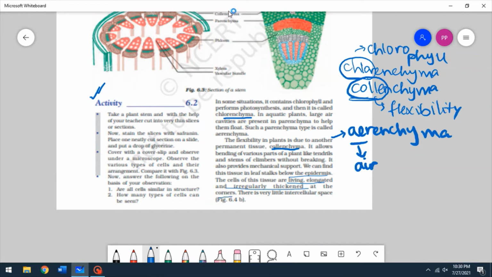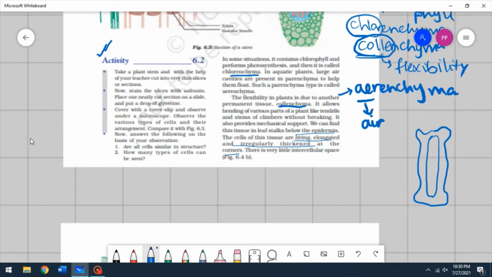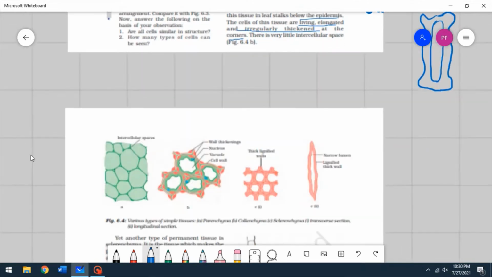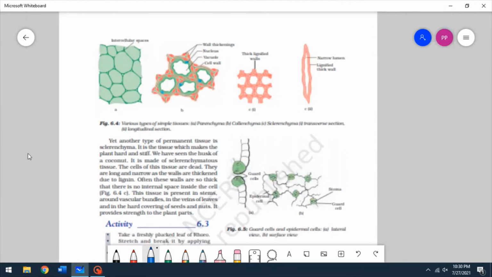Alright, so I'm going to attempt to draw this. It's elongated and irregularly thickened at the corners. This is supposed to be irregular, but I feel it looks more like a dog bone, but let's move on. Okay, so these are the various types of simple tissues. This is parenchyma.